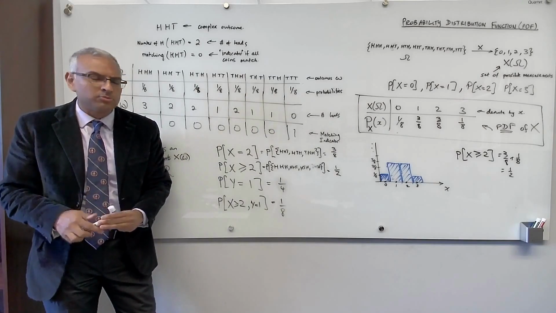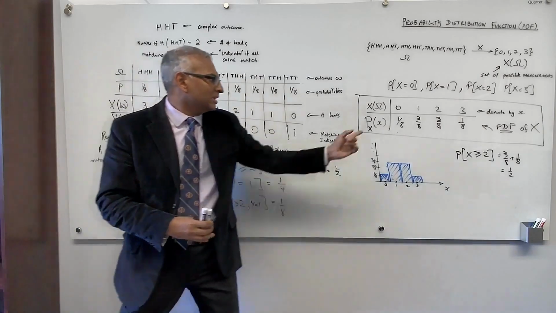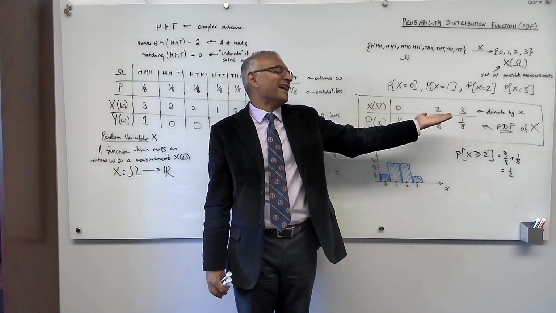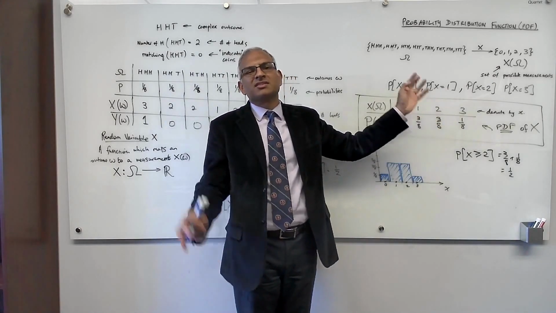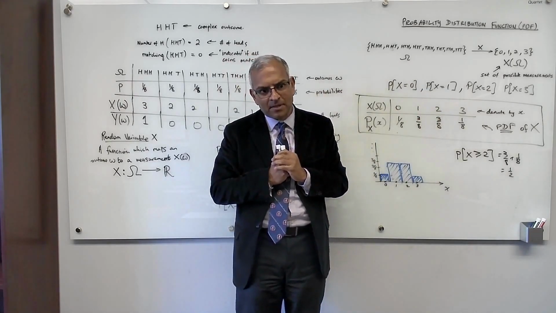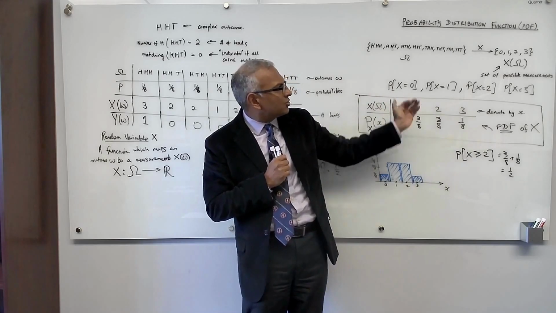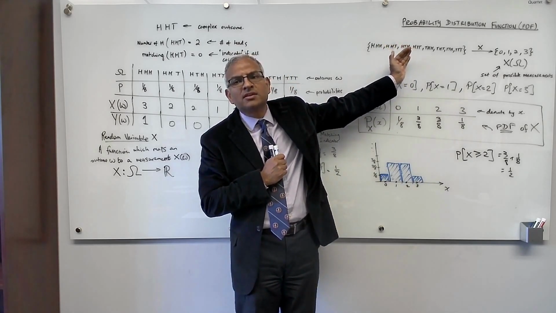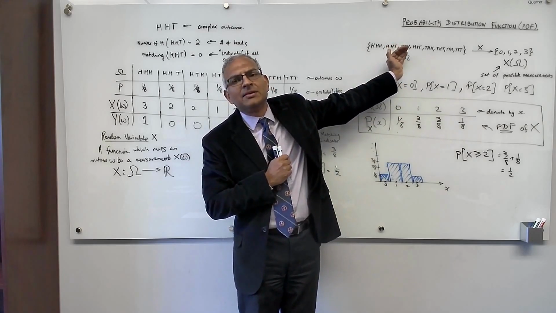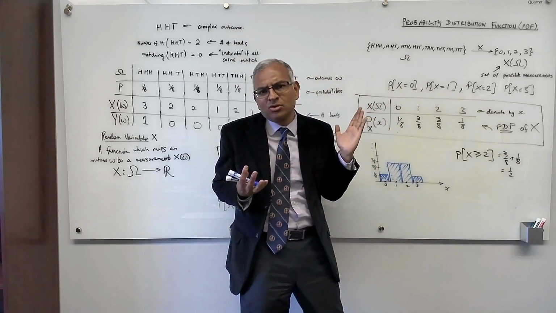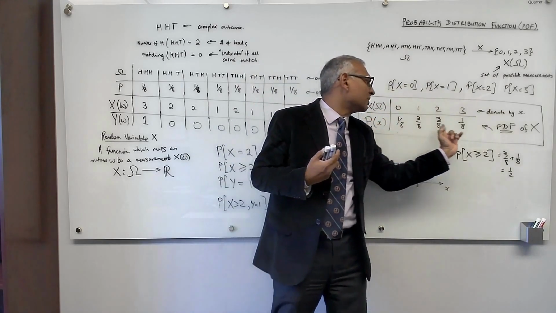We can now compute probabilities of events that involve only the measurement x using the PDF for x, or this new, in some sense, simplified probability space. So while the true outcomes and the true sample space exist, as far as we are concerned, now they take a background seat. And what we're really interested in is the measurements that could occur, the possible values, and what are their probabilities.